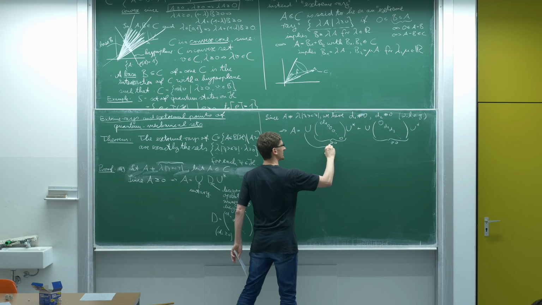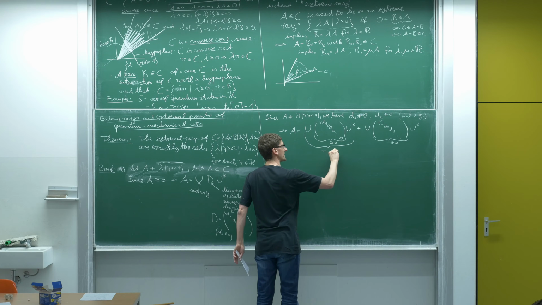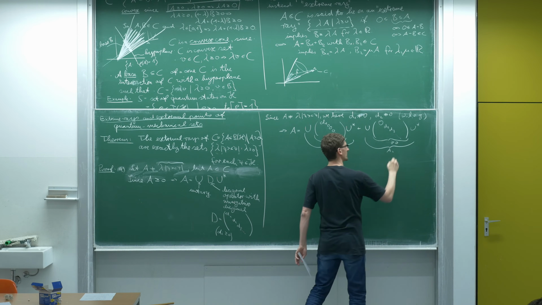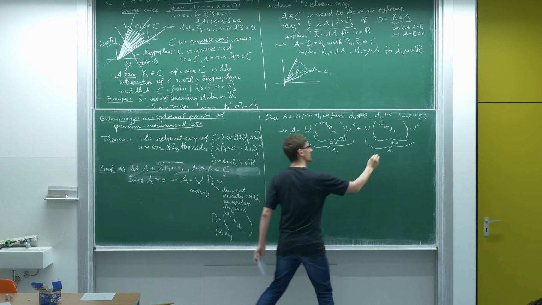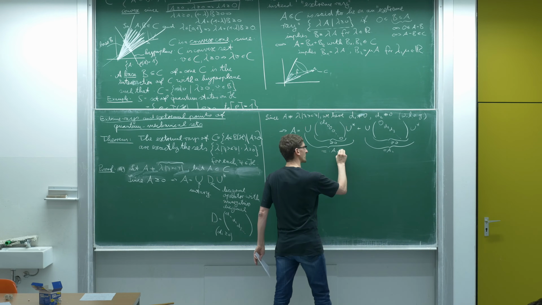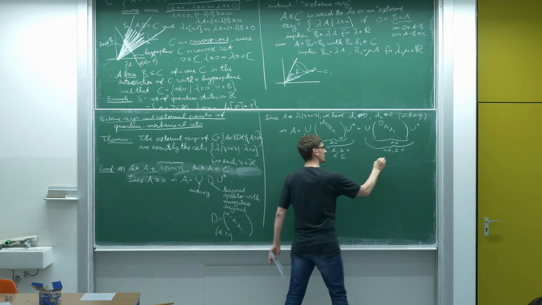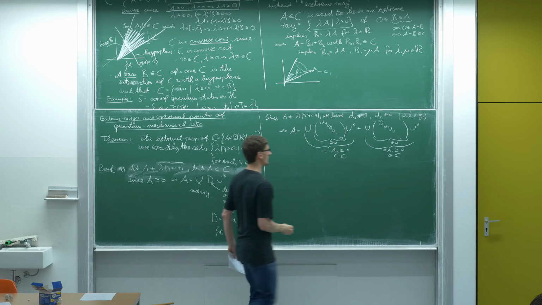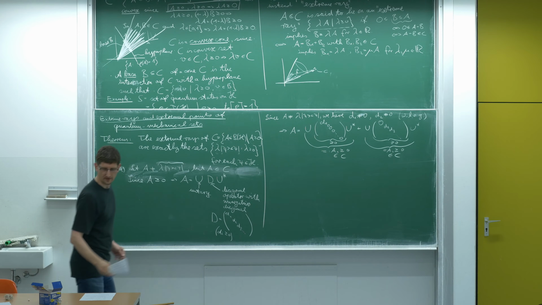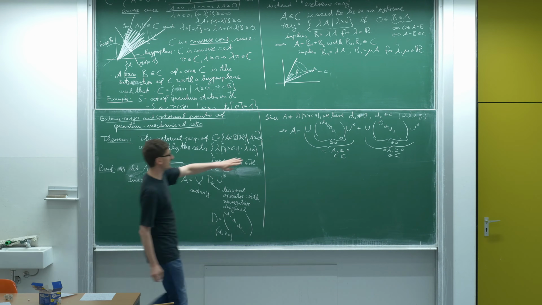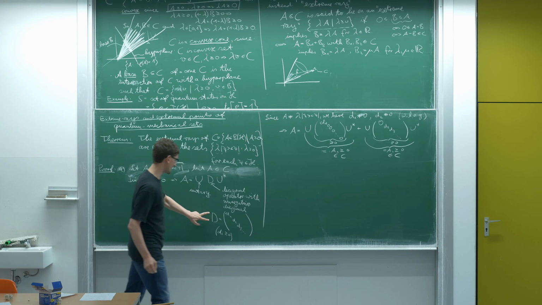I define this as A1 and this as the operator A2. Both are positive semi-definite, so they are again elements of the cone. One can easily see that these two operators are not multiples of this one here.